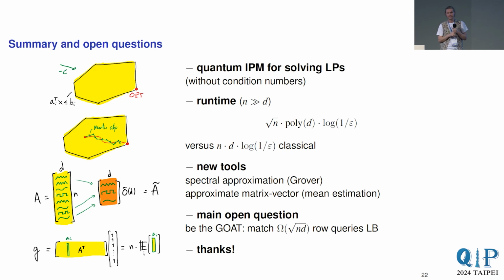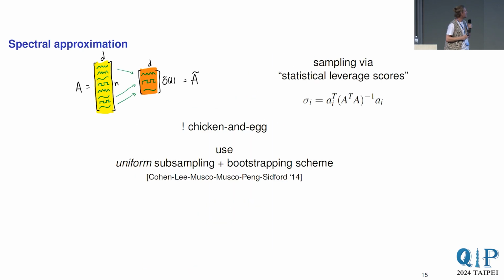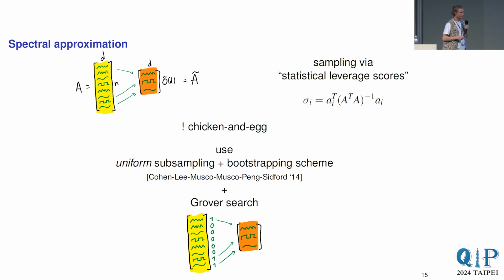Hi, could you explain a bit more about the Grover search? Like how do you, just with the row queries, approximate the spectral matrix? Sorry, say it again. How do we use it? So you just use row queries to get the new approximation, right? Or do you use any other information from the original matrix? No, this idea of Cohen, Lee, Musco, Musco, Peng, and Sidford is that you bootstrap, in the sense that you uniformly subsample, which gives you a bad approximation, not the one that you want, but you can still use it to sample slightly smarter.